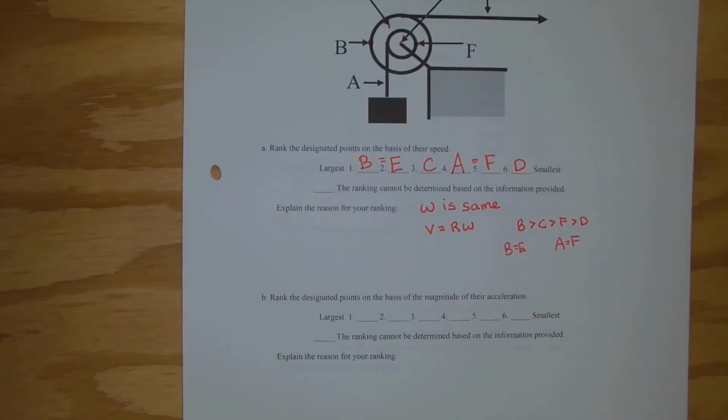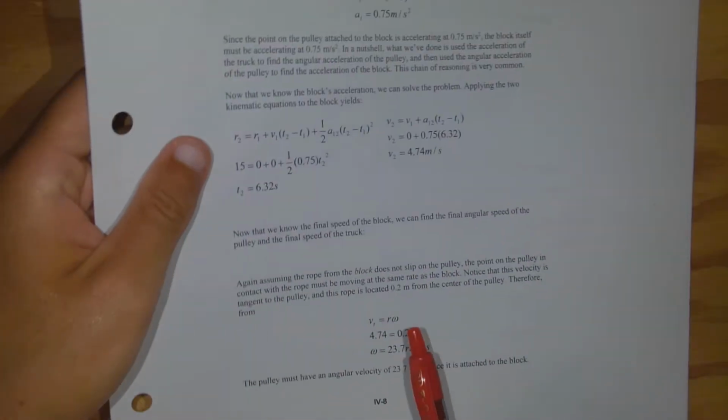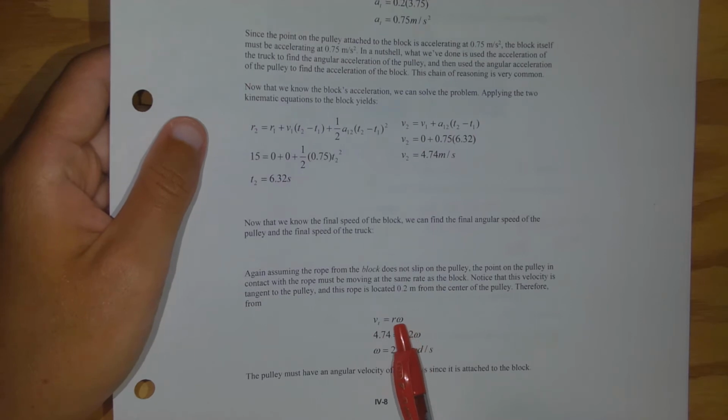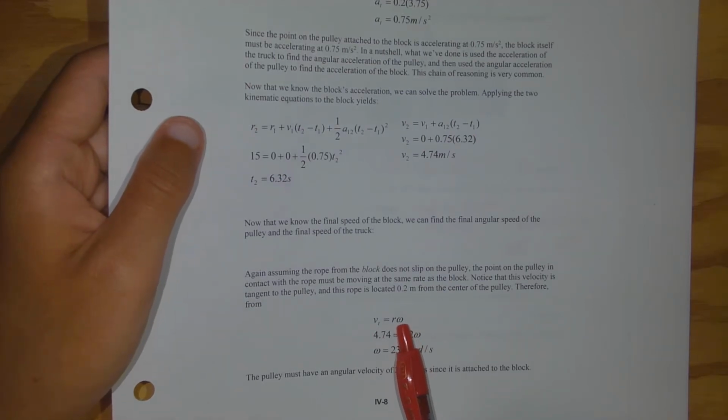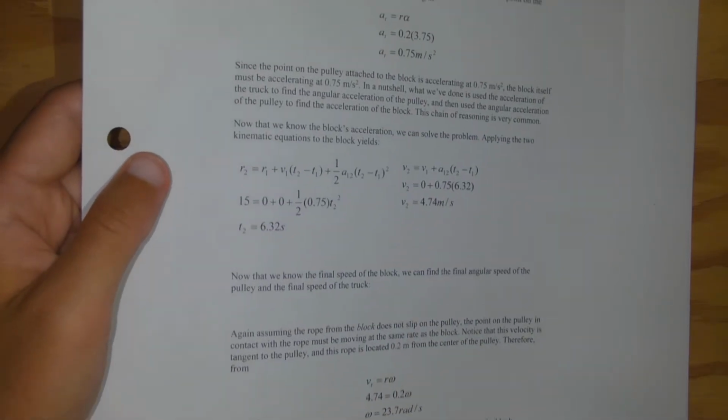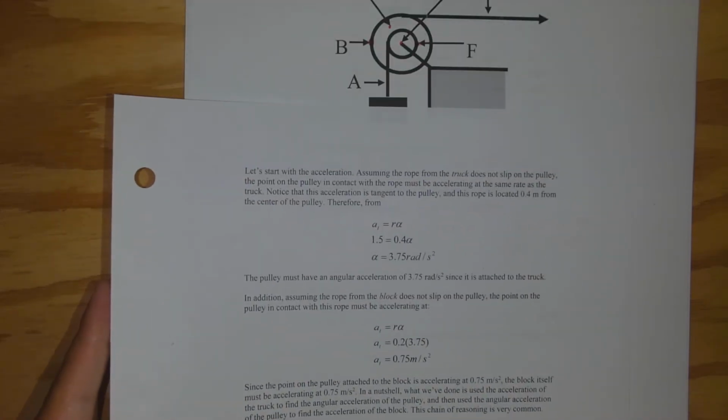In part B, I want to rank the designated points on the basis of the magnitude of their acceleration. So for the speed, I am able to say the speed is equal to the radius times the angular velocity. I have a similar formula for the acceleration.